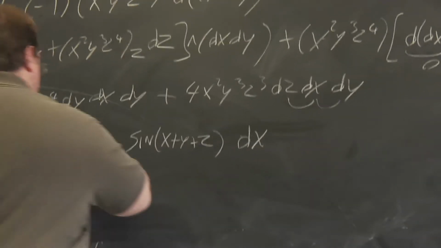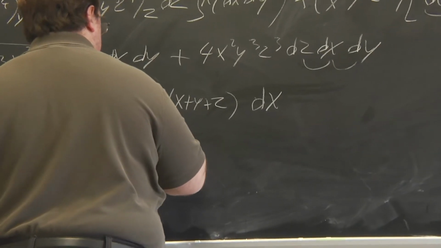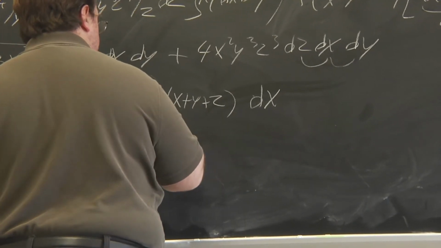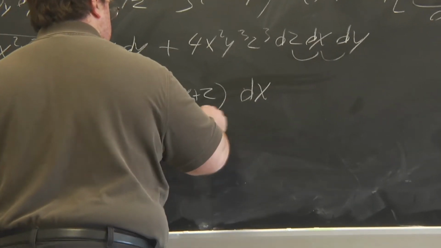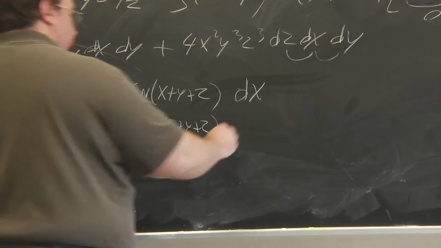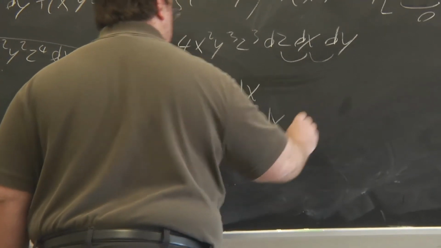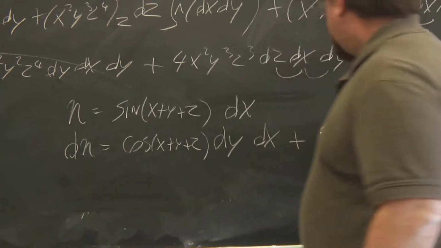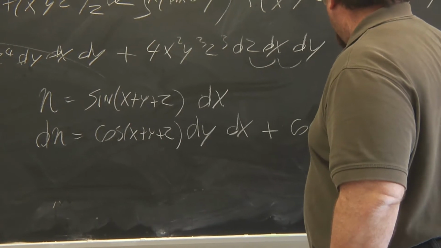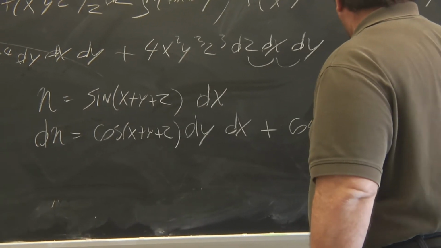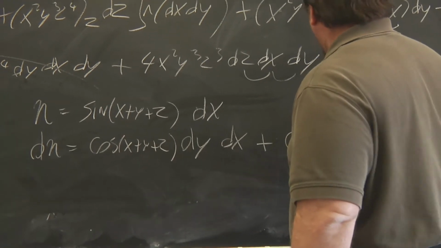So then the shortcut would be d eta is going to be the derivative of this with respect to y, which will just turn out to be this, dy dx, plus the derivative with respect to z, dz dx.